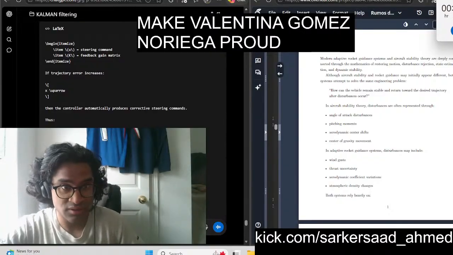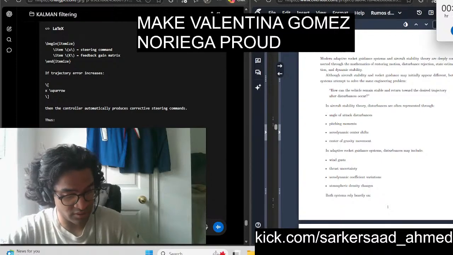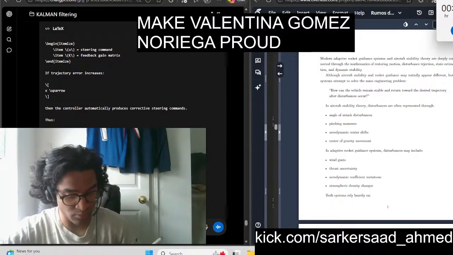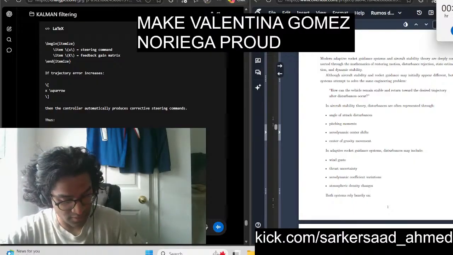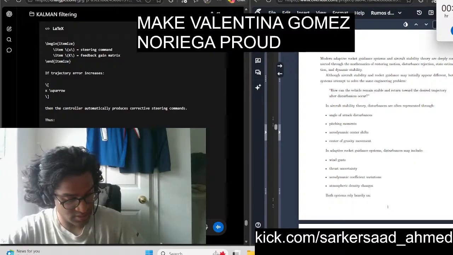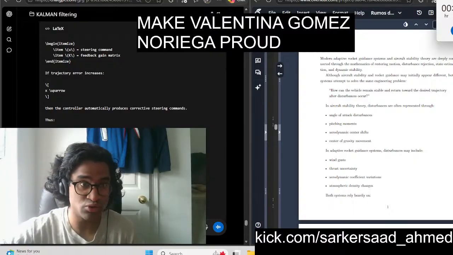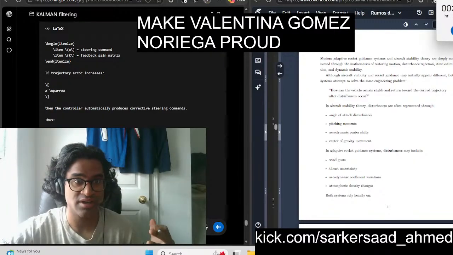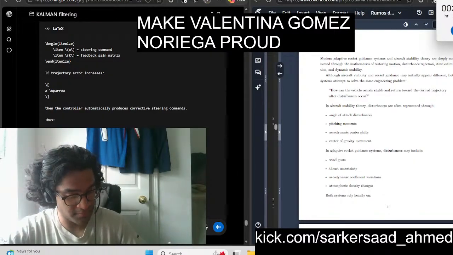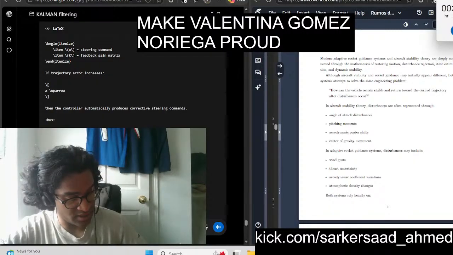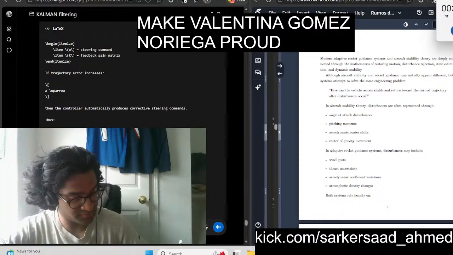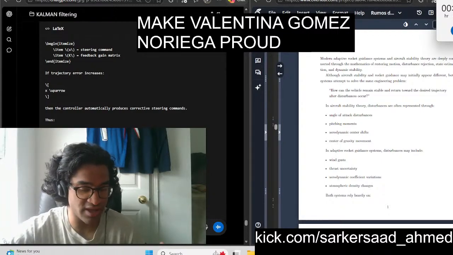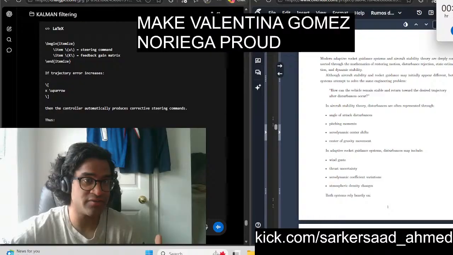One, two, three, four. They're going to have restoring motion, dynamic stability, disturbance rejection, and state estimation. So these are the things that any rocket guidance system will have in general.